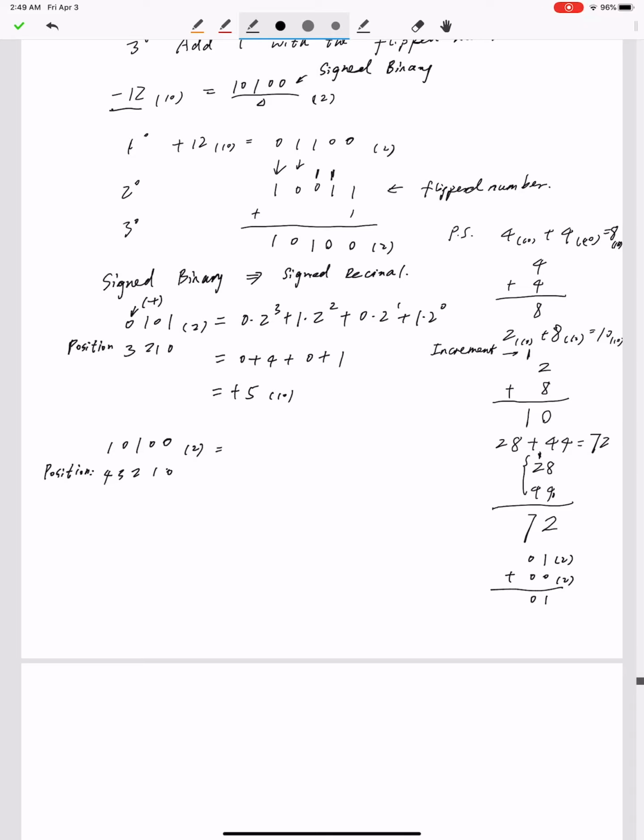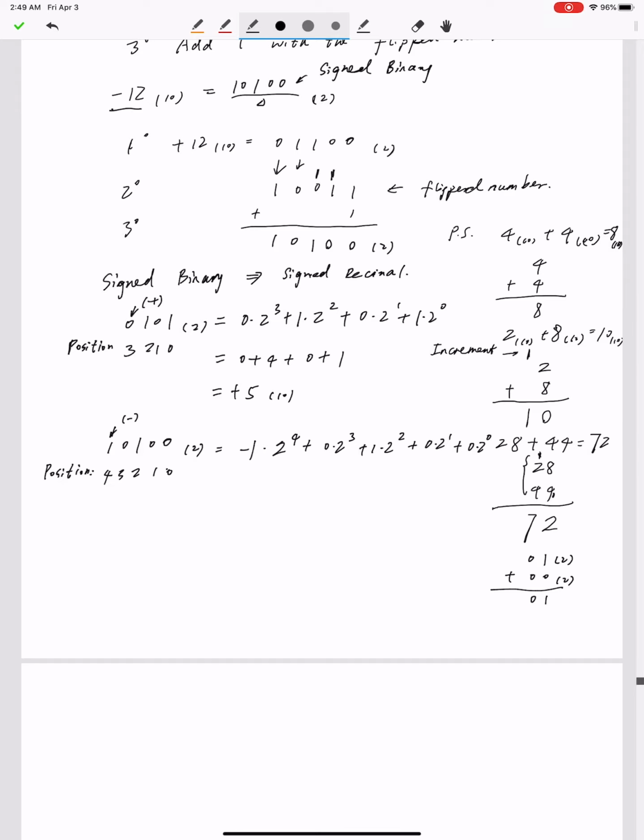And here the difference from the normal unsigned binary number is that the first digit is 1, which means this is a negative binary number. So you have -1 in the first place times 2 to the power of 4, plus 0 times 2 to the power of 3, plus 1 times 2 to the power of 2, plus 0 times 2 to the power of 1, plus 0 times 2 to the power of 0. Then you do the summation.